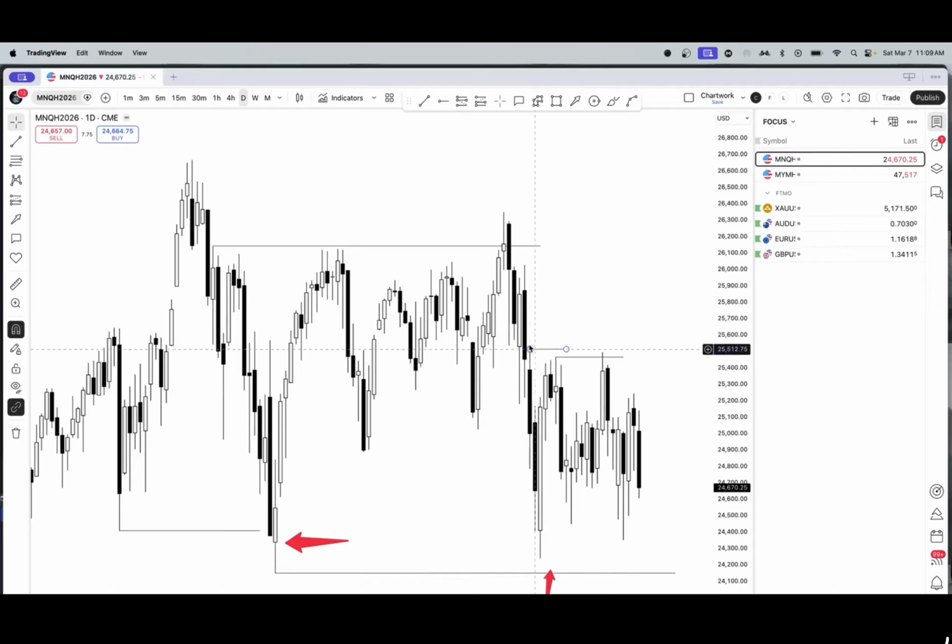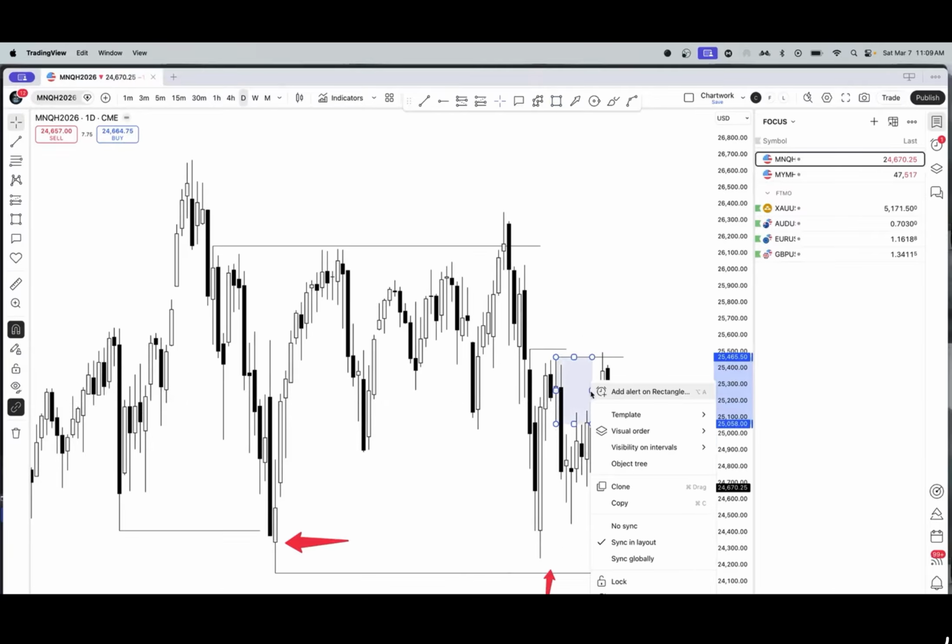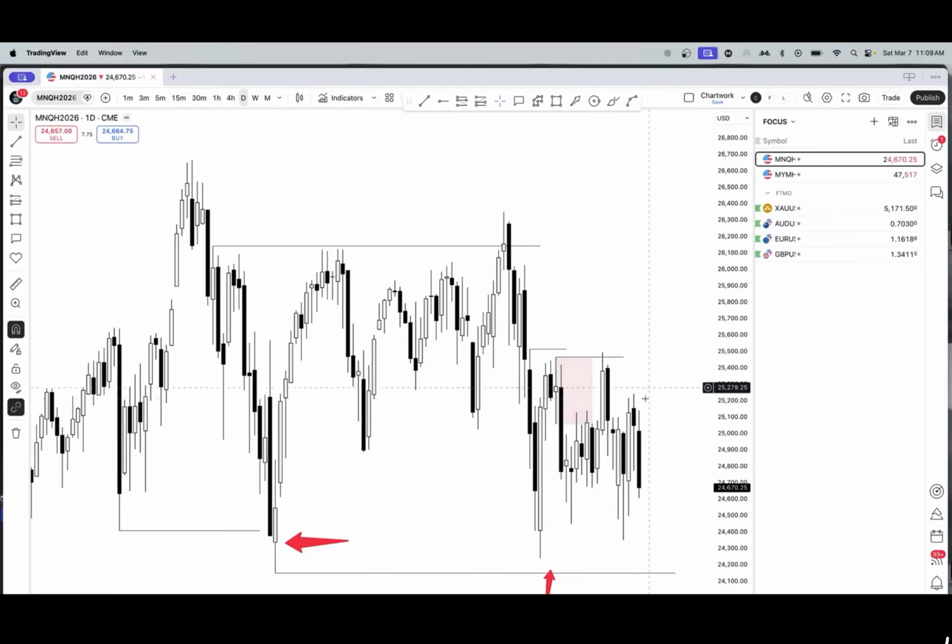We didn't take the liquidity from the left though, as far as the inducement from the left, but we did induce buyers by breaking structure, taking out this area here that sellers were selling from. So we take out that area, we create a liquidity block, we sell to the downside, taking out this low. That low induces sellers. Therefore, we could see a potential move back up to the upside.